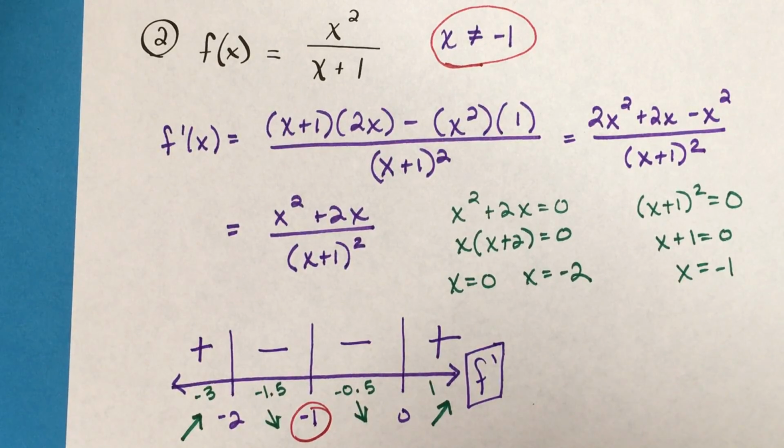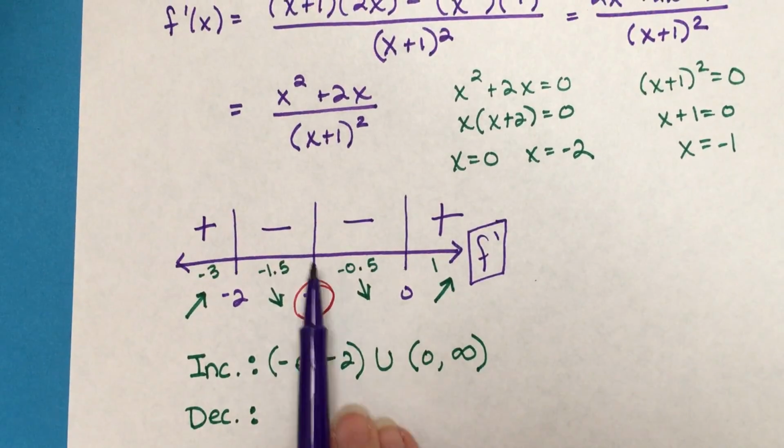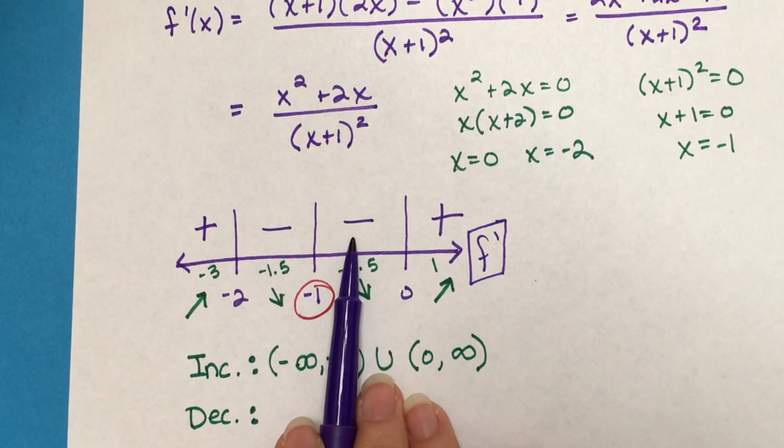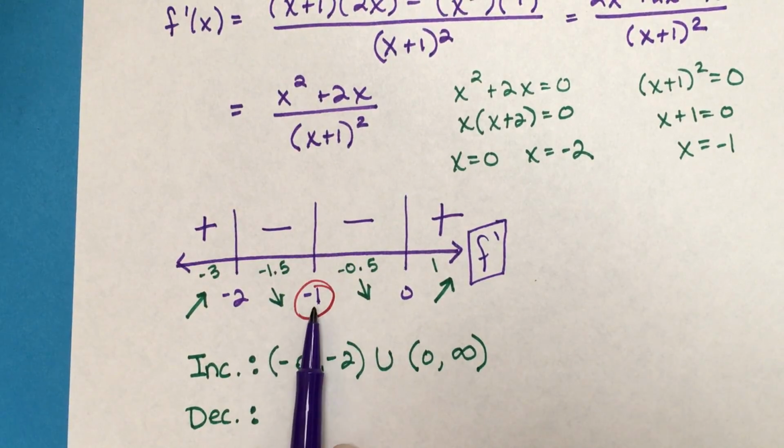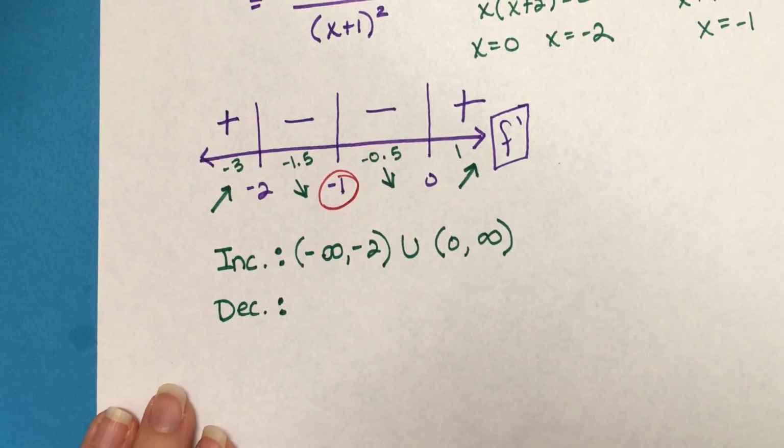So because it's not part of the domain, because if you remember, domain is your x values, and in this case negative 1 has to be left out of your domain, you have to write this as if it were two separate sections, because your function's not defined at negative 1 to begin with.